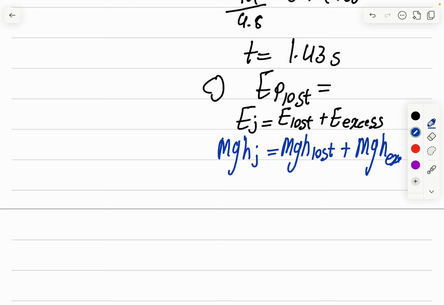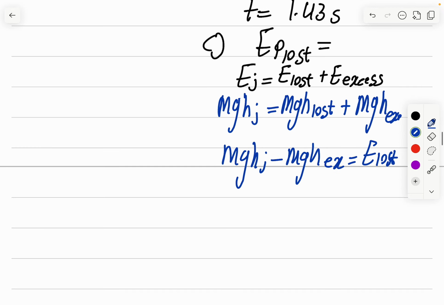So this mass will cancel. Let's find the subject of the formula, which means I'm going to have mgh initial minus mgh excess equals E lost, which is what I want, ne? So this one is going to be 0 because of the height. So it means the potential energy lost is going to be m times height initial.